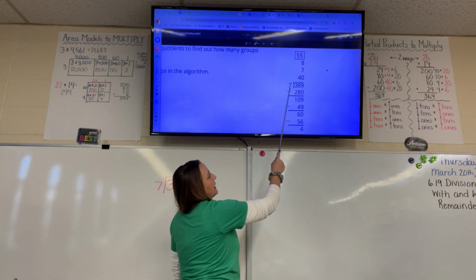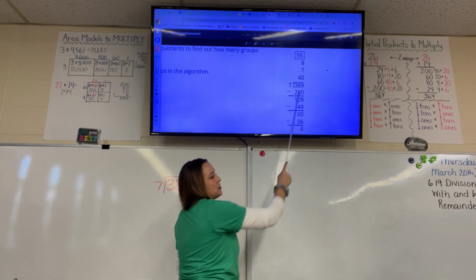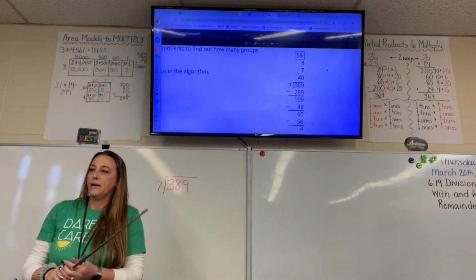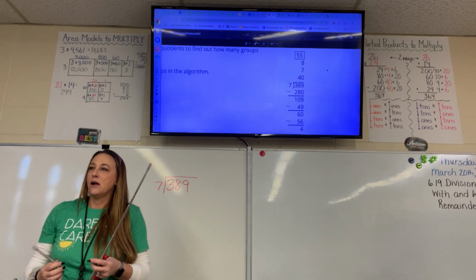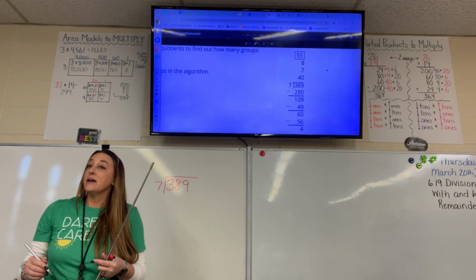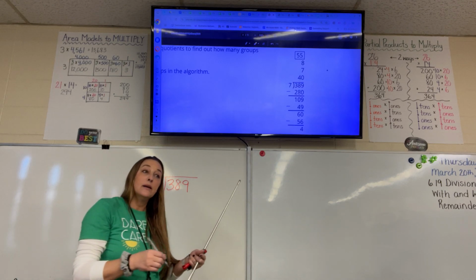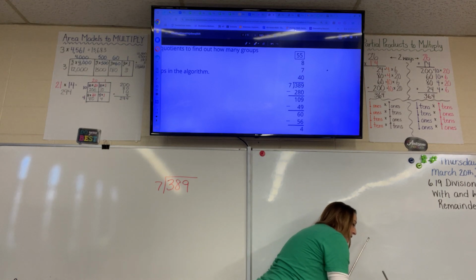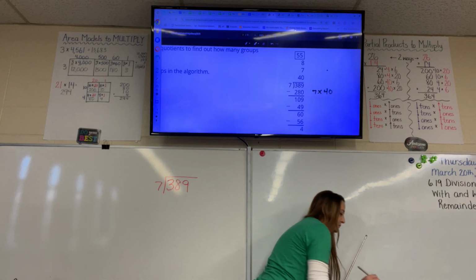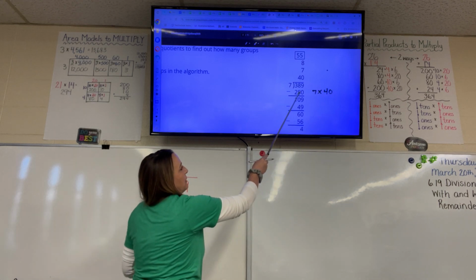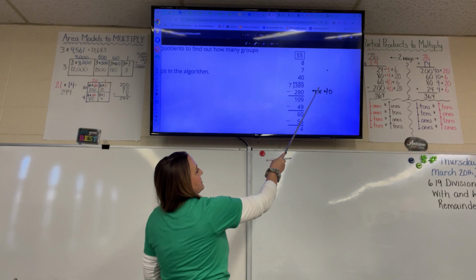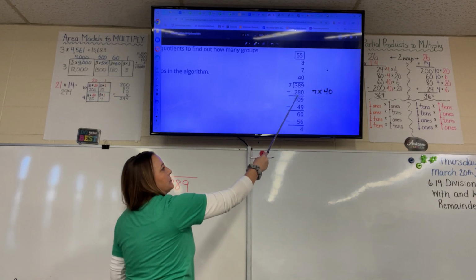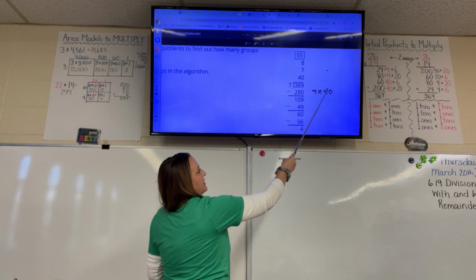What do you multiply 7 times to get 280? 40. Because 7 times 4 is 28. And then we add a 0. So right over here, we're going to write 7 times 40 next to that 280. Because that 280 is the multiple, and it's the answer of 7 times 40.